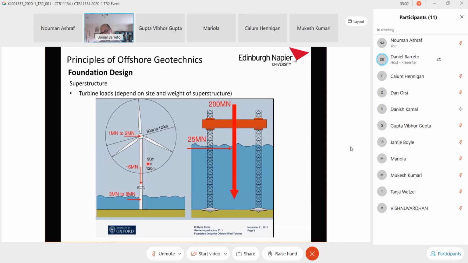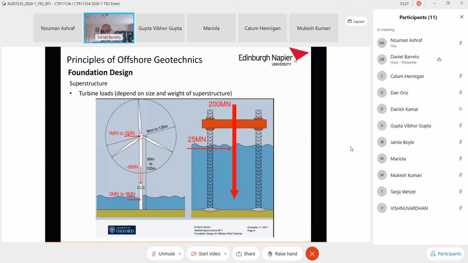A shallow offshore wind turbine, because of the size of the things that you are dealing with, which I discuss also in some detail in the lecture, could have loads of the order of 6,000 kilonewtons, up to 10,000 kilonewtons with the bigger components that are being recently developed.